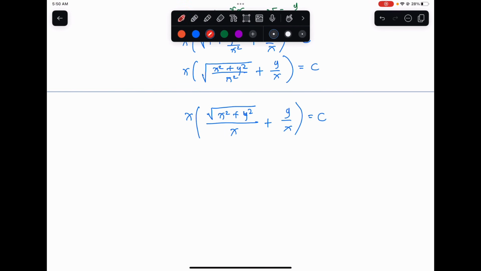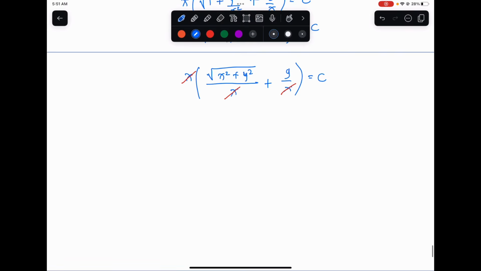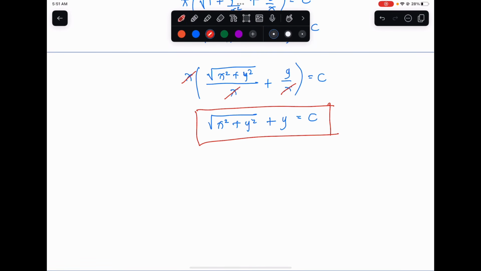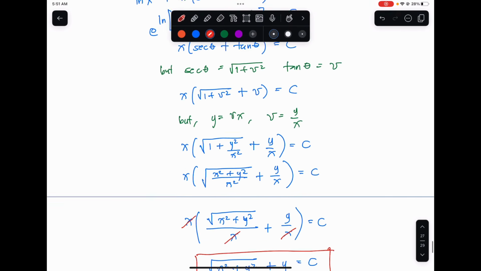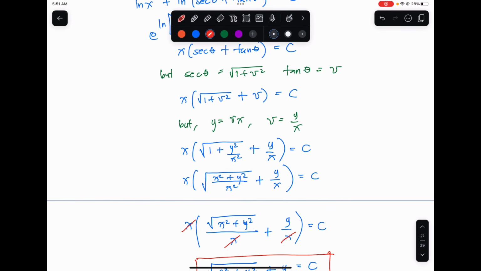So distributing x, this would cancel out all the excess there, giving us the final answer: the square root of x squared plus y squared, plus y, is equal to c. So this is our final answer. And that is all about homogeneous equations.